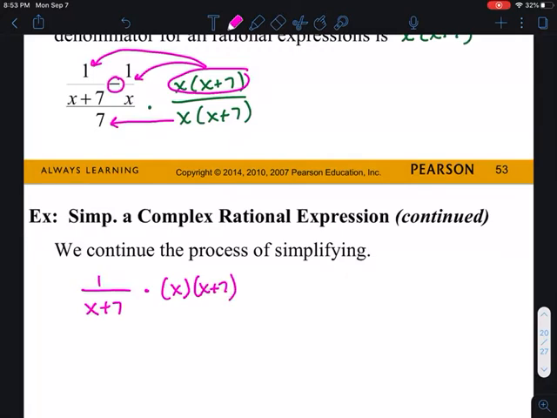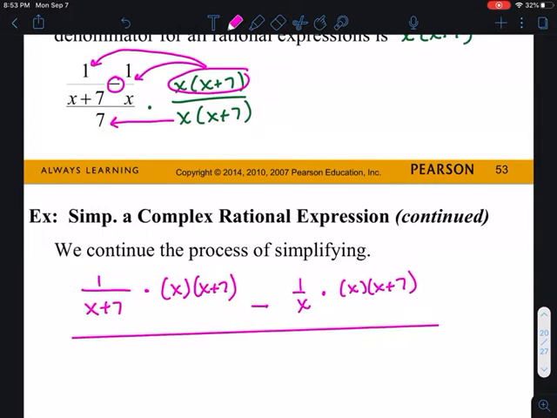Then we have a subtraction sign, and we're going to take our 1 over x, and multiply that again by that x plus 7. And on the bottom of that fraction, that's why I said we want a little bit of room to write, we have the 7 that's going to multiply with the x and the x plus 7. So all those just get smushed together because it's just multiplying.